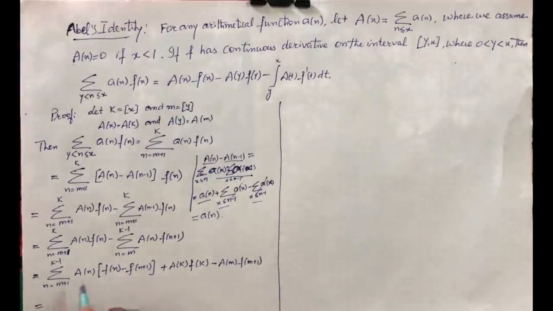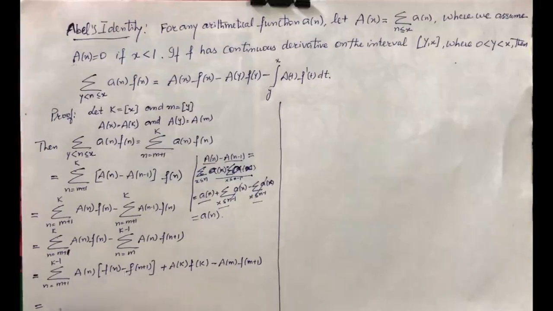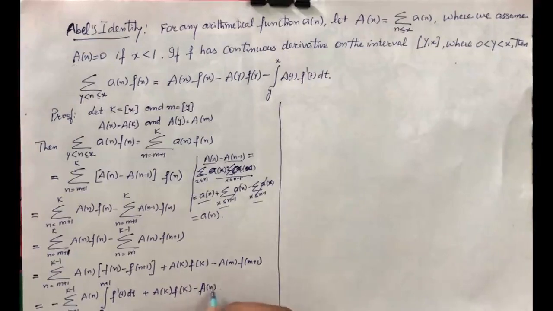Now we convert this into its integral, which is of the form the summation n from m plus 1 to k minus 1 of A(n), and remaining terms as it is, A(m) f(m plus 1).